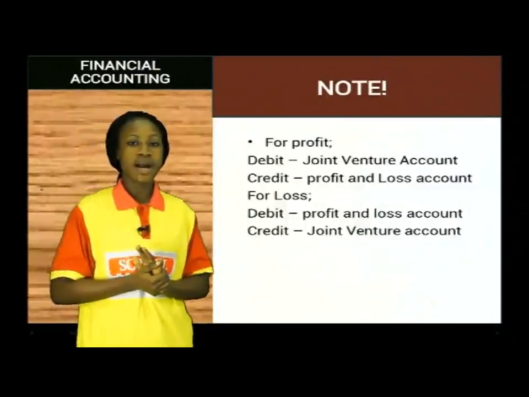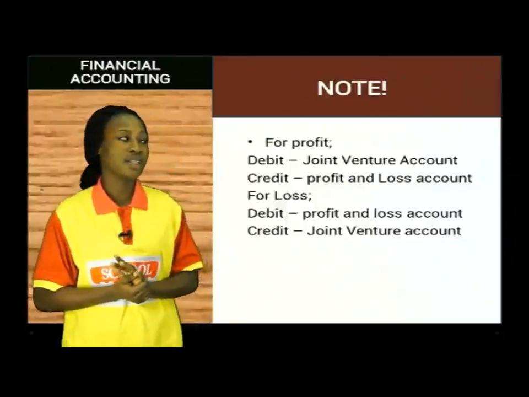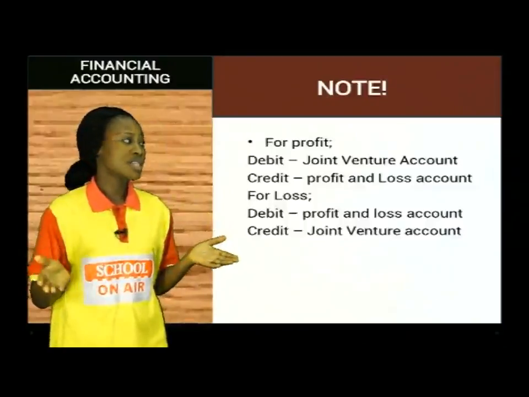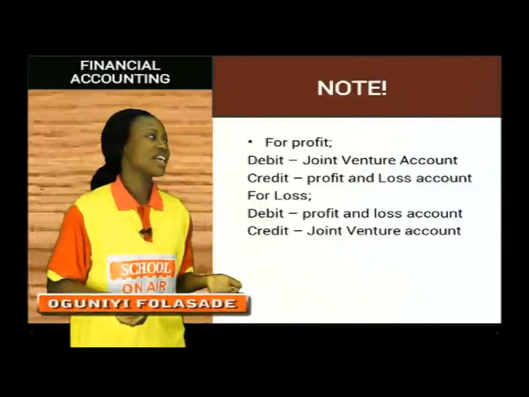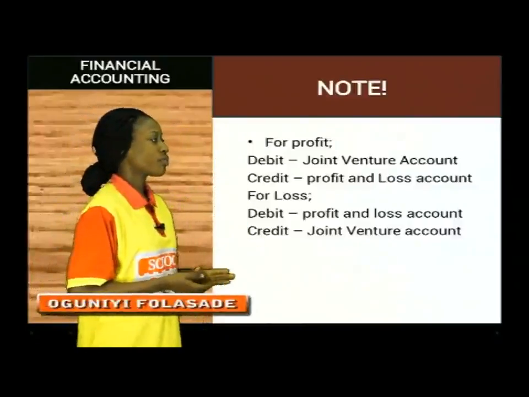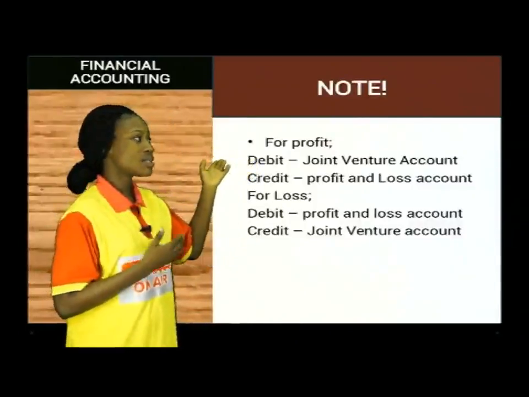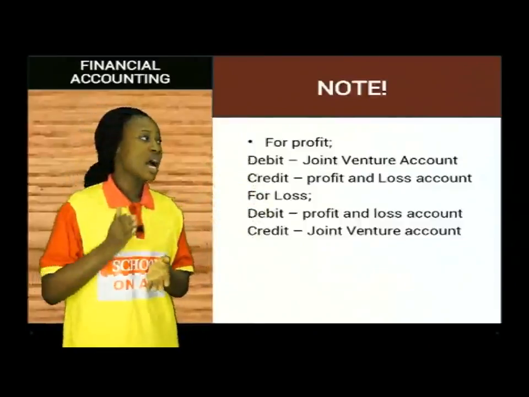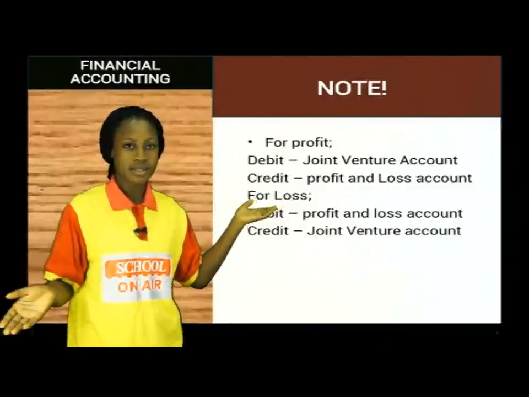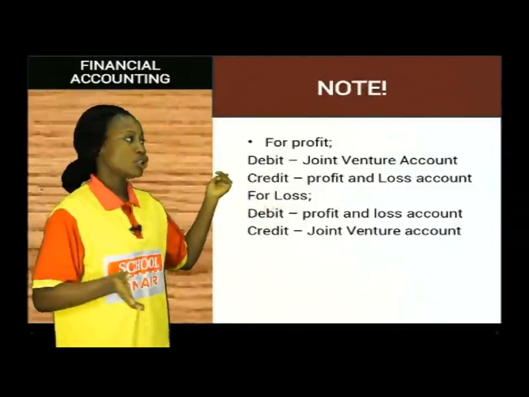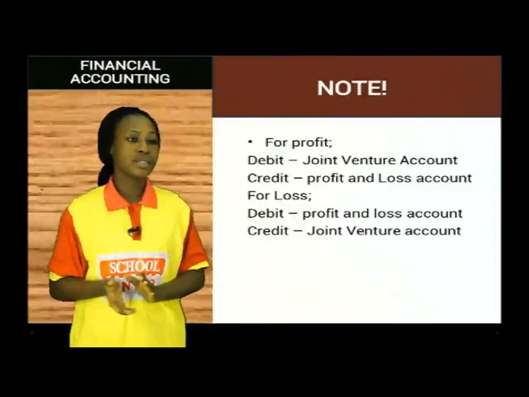At the end of our accounts, like I said the other time, every business is embarked upon to make a profit, but we have two sides to the account. It can either be a profit or a loss. It's not every day that it will be profit. Let's assume you're having a profit here now. If you have a profit on your venture, the joint venture account will be debited and the profit and loss account will be credited.